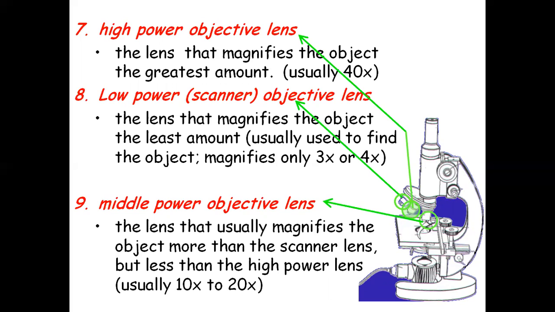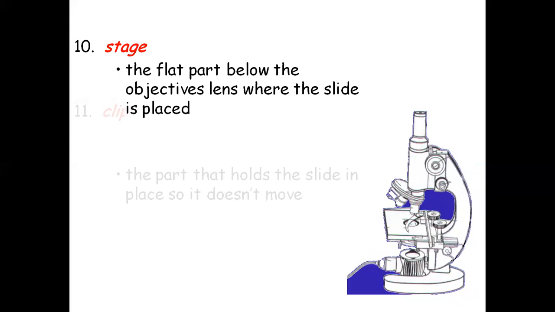Then the ninth part is the middle power objective lens, the lens that usually magnifies the object more than the scanner lens but less than the high power lens, usually 10x to 20x.